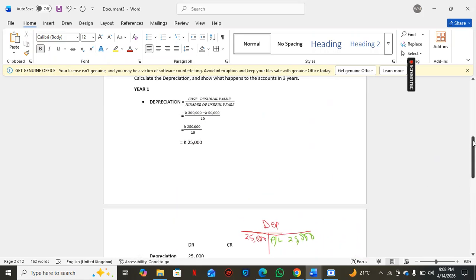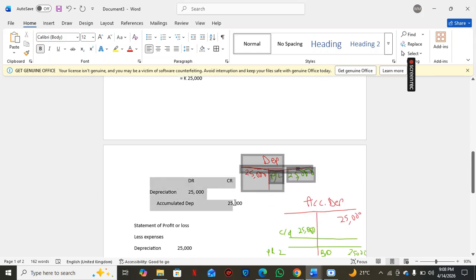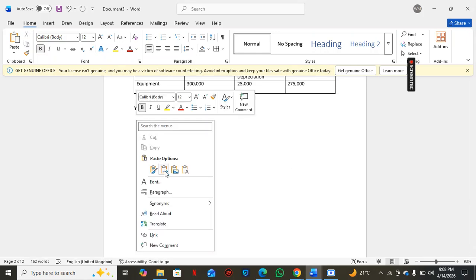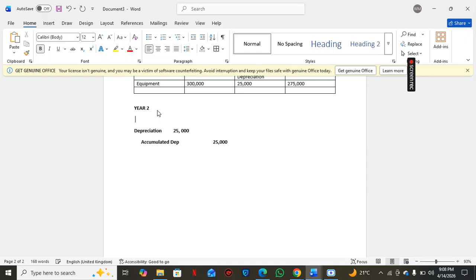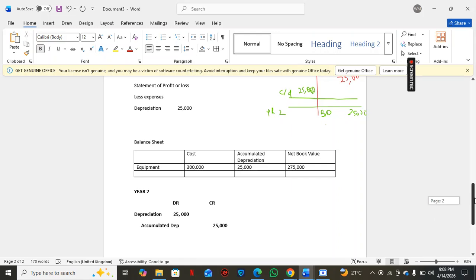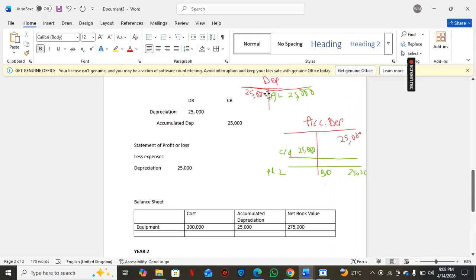Year two comes, you just do the same journal entry here. Debit depreciation, credit accumulated depreciation. The depreciation expense account, you do the same here. After you debit, close it, take it to the statement of profit or loss.